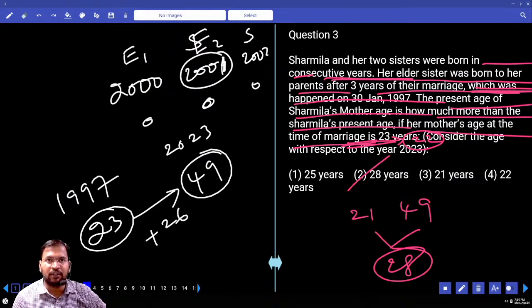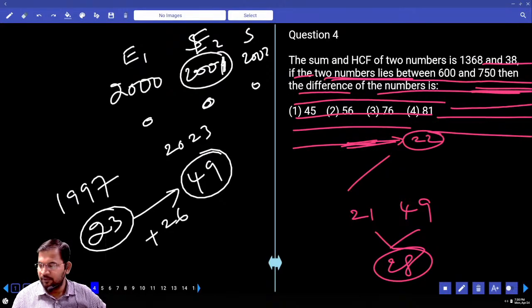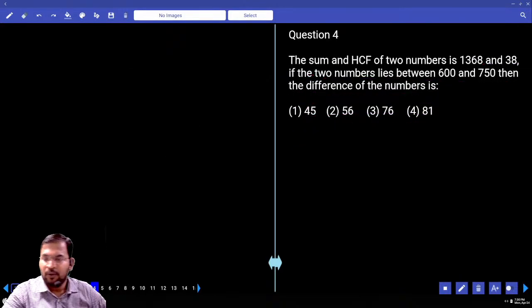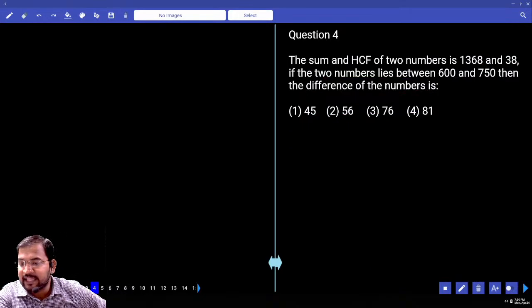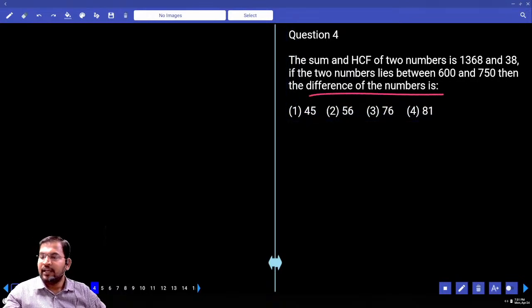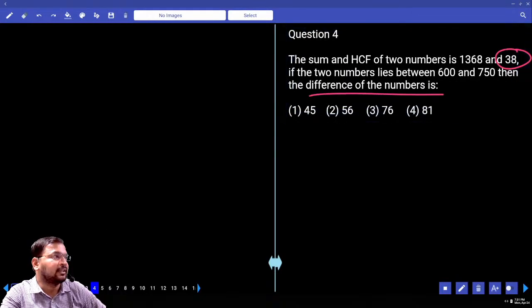Shall I go for the next question? The sum and HCF of two numbers are 1368 and 38. If the numbers lie between 600 and 750, then find the difference between the numbers. HCF is 38.